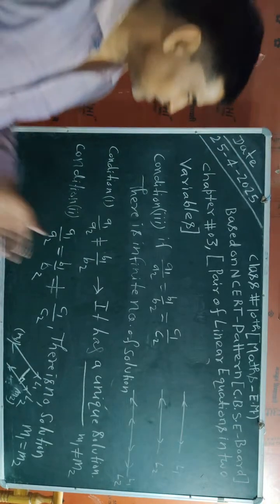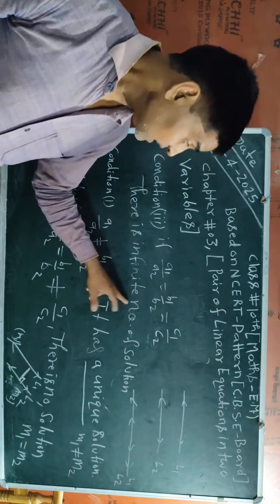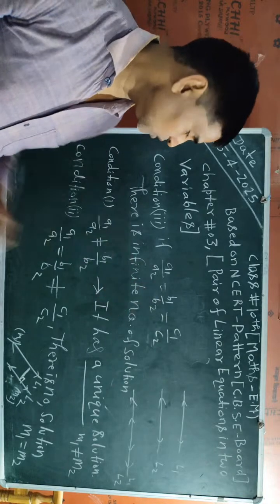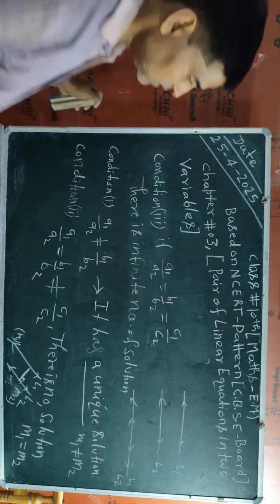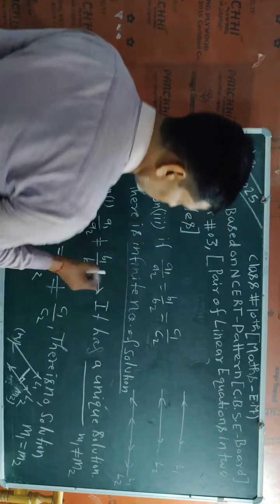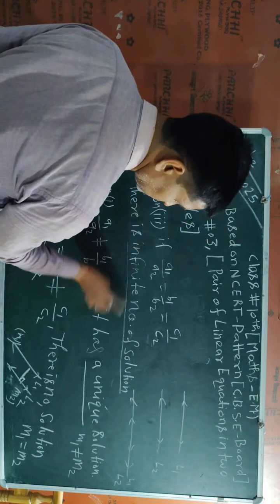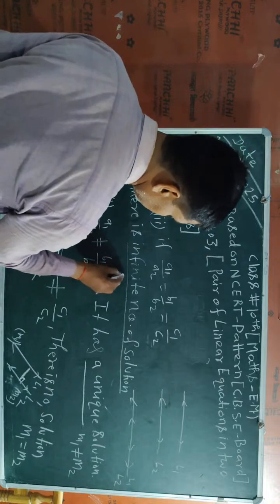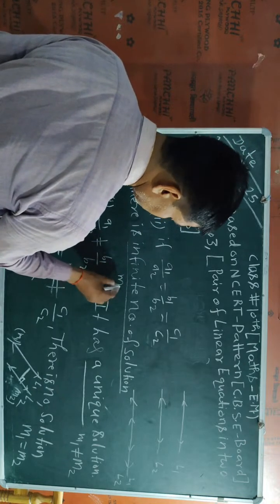In other words, we can say that here there are many solutions. In the place of infinite number of solutions, I can write many solutions. Both have the same meaning.